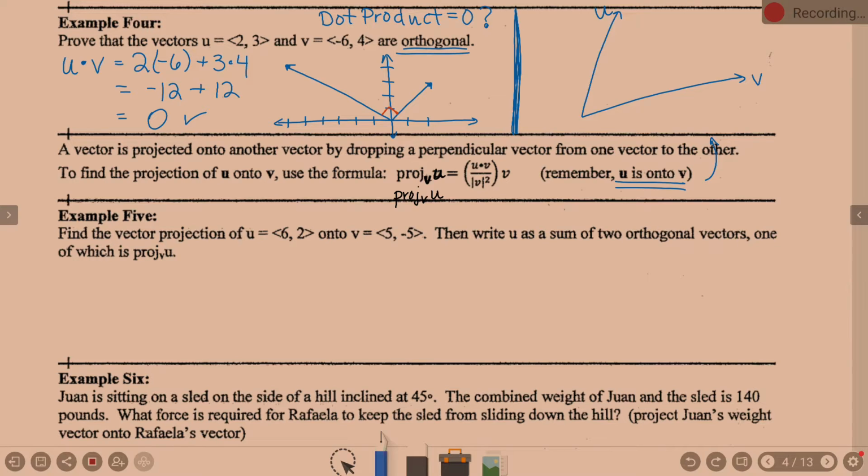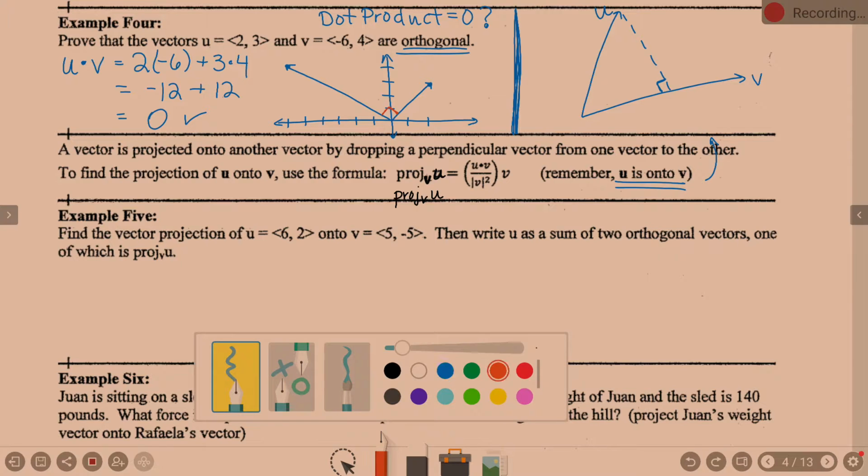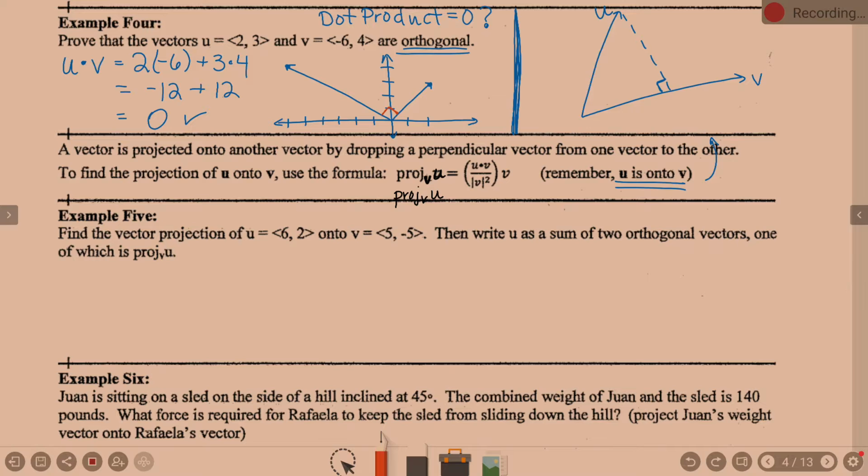vector to the other. And so the idea here is dropping a perpendicular vector. So a perpendicular vector right here. There's my perpendicular line. And the idea then, the projected vector is right there.